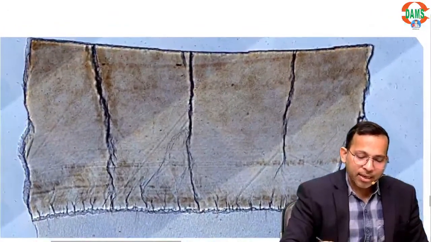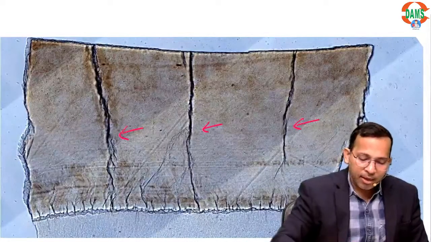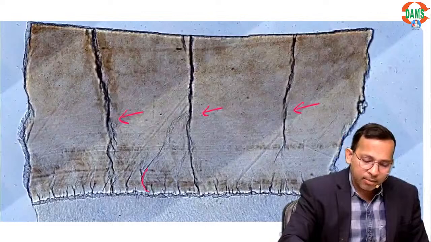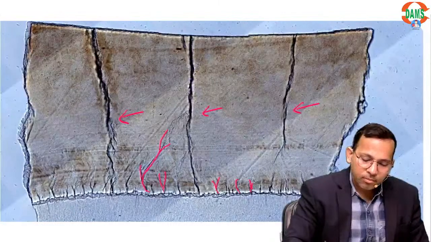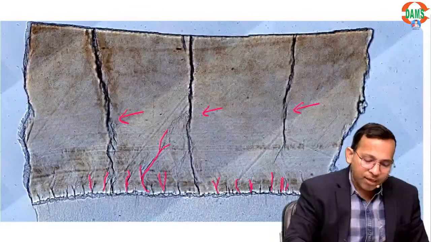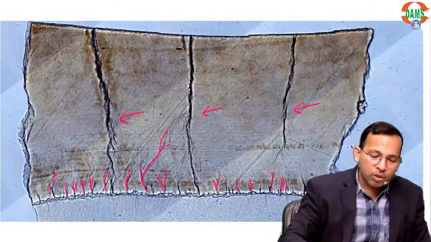In the next diagram, I have enamel lamellae, isn't it? And some very good enamel tufts. These are all branching, but we have already seen similar diagrams, so let's move forward.